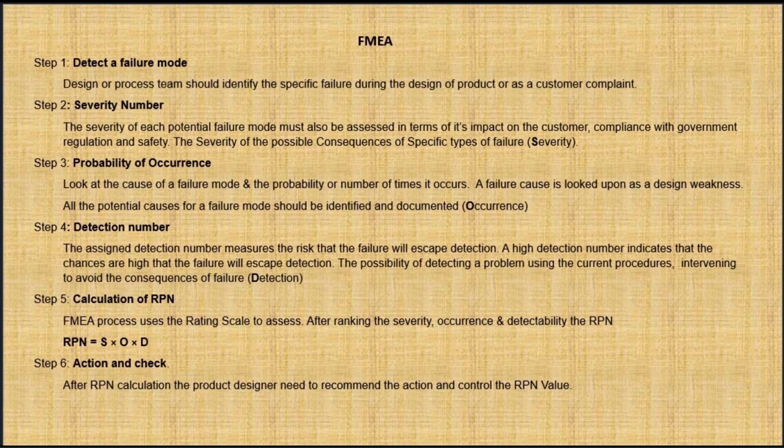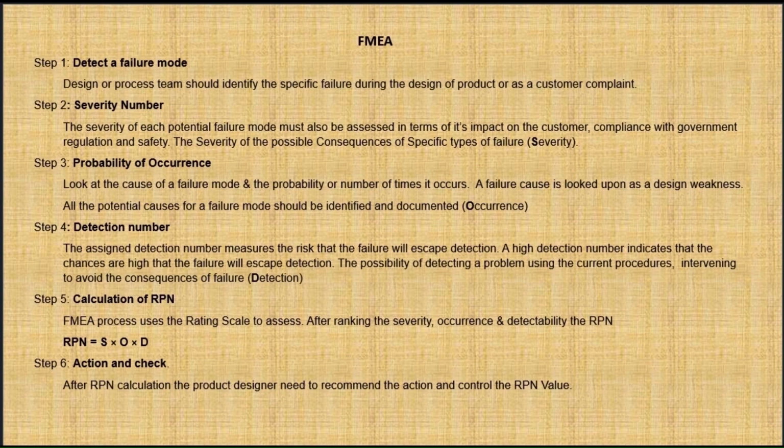After the RPN value is calculated, whether you want to repeat this FMEA cycle or not will be decided based on the expected value and the achieved RPN value. SOD does the ranking of each.